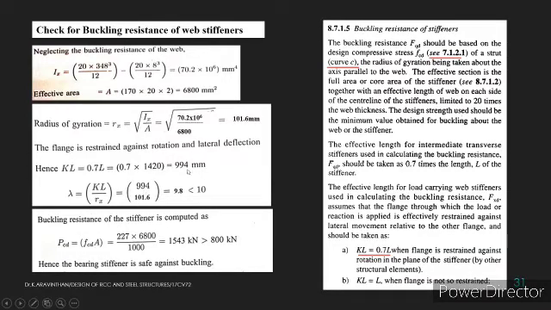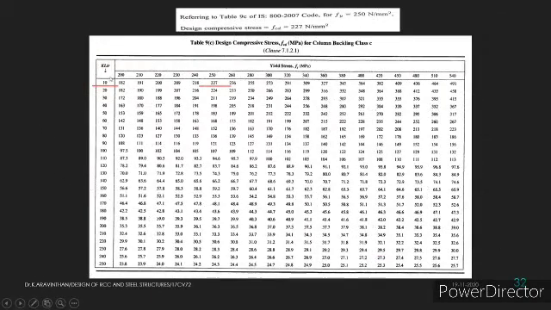If you divide 994 by 101.6, we get 9.8, which is nearly 10. So we have found the lambda. The lambda here is 10 and our yield stress is 250. If you relate this, you will get the design compressive stress as 227.